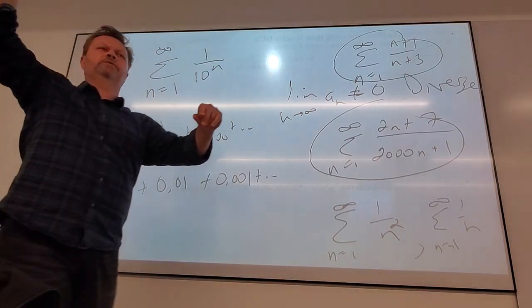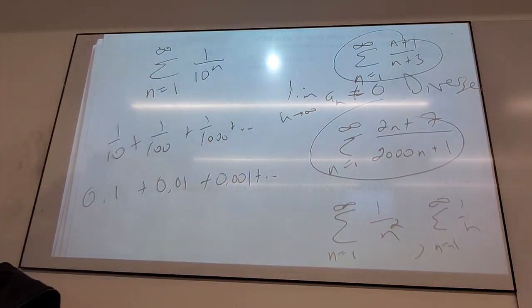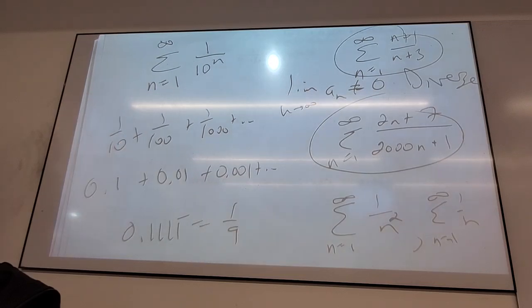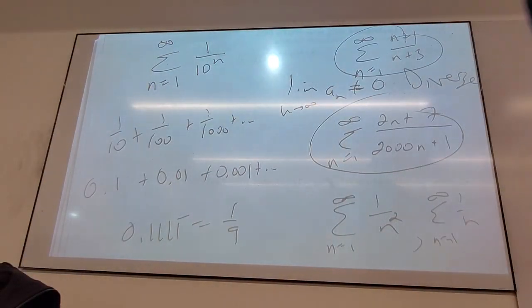What does that sum up to be? 0.11111, which I told you is 1/9, yes. If you don't believe me, what's 0.333 forever? You know this. 1/3. Divide that by 3. Don't you get 0.1111? And what's 1/3 divided by 3? 1/9. So 0.1111 is 1/9. 0.2222 is 2/9.